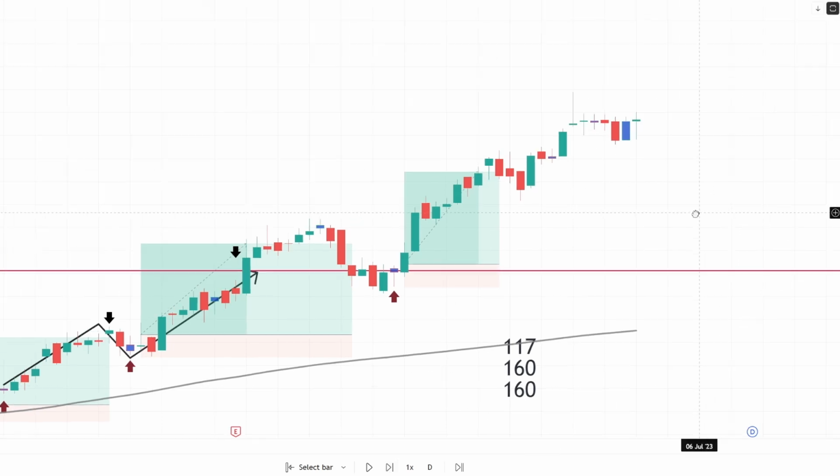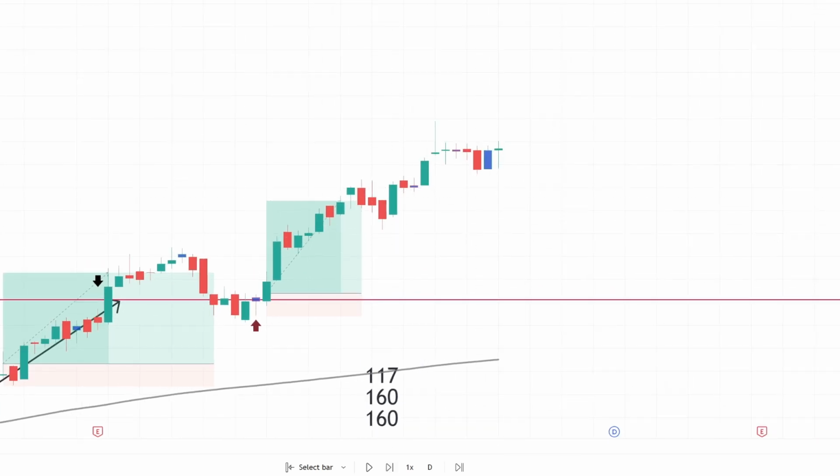आप देखेंगे यहाँ पे इनसाइड कैंडल्स बन रहे हैं, but these are not really good examples of swing. These are actually not swings. So do we trade these? We don't trade these.